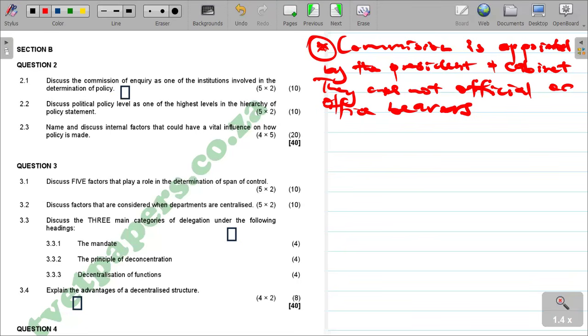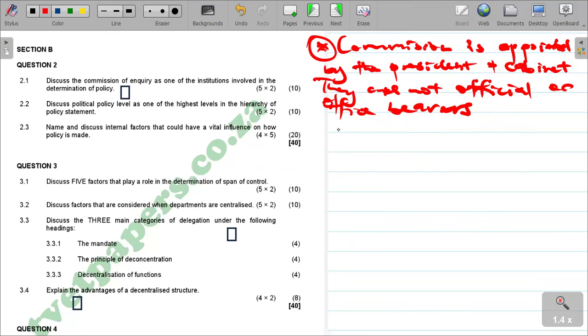They are not official or political office bearers. So they actually investigate in equal standing.